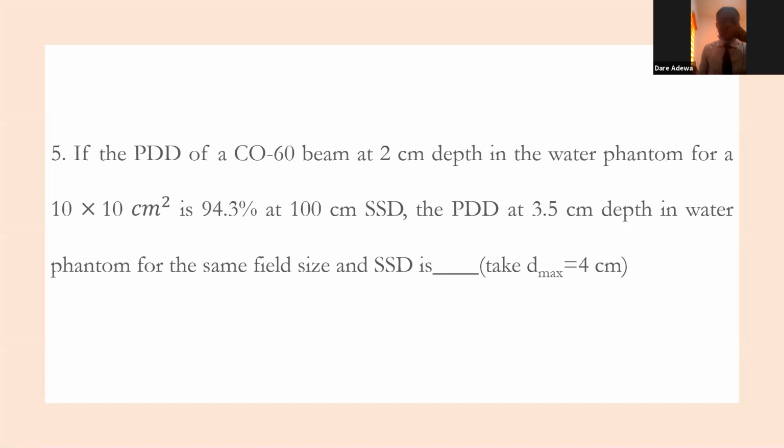Let us move to the fifth question. This is on PDD, so I expect us to use about 5 seconds to solve this one. If the PDD of a cobalt 60 beam at 2 centimeter depth in the water phantom for a 10 by 10 centimeter square field size is 94.3% at 100 cm SSD, that is source to surface distance, what is the PDD at 3.5 cm depth in water for the same field size and SSD, that is the same 10 by 10 and the same SSD of 100 centimeter?